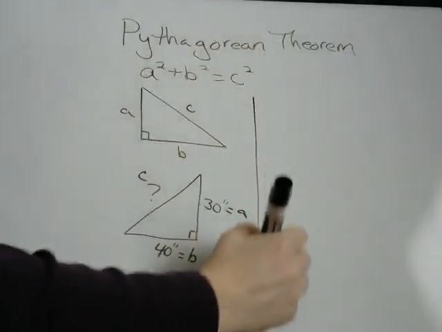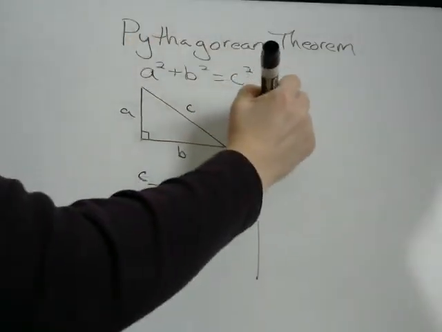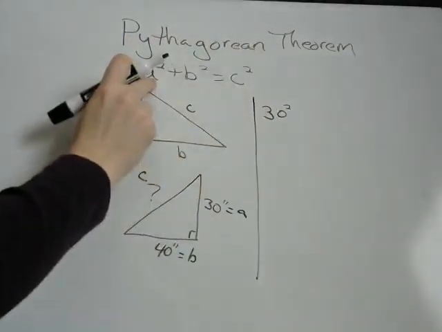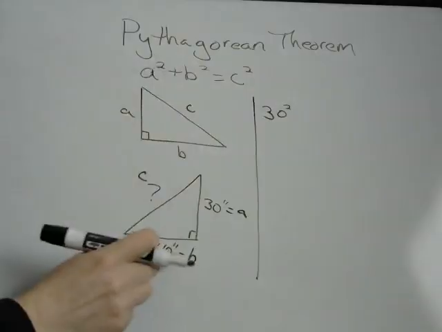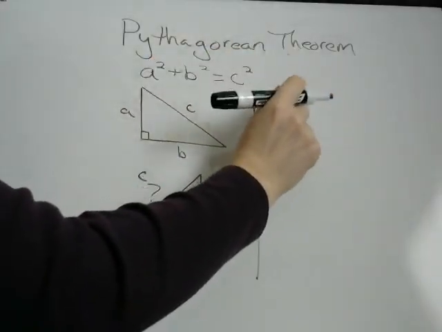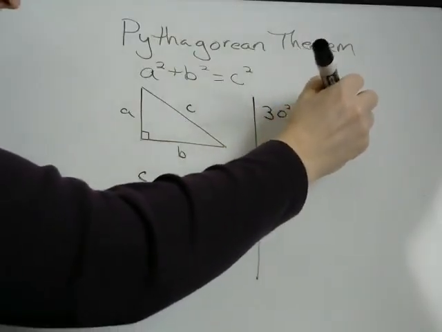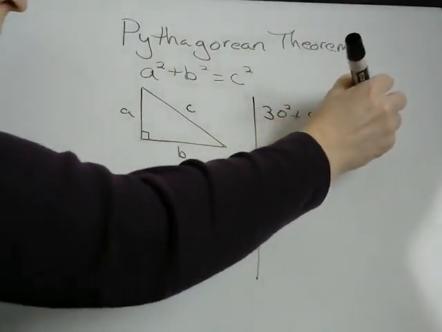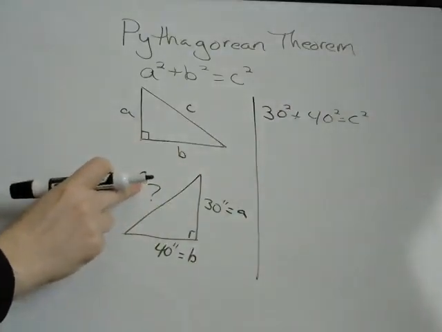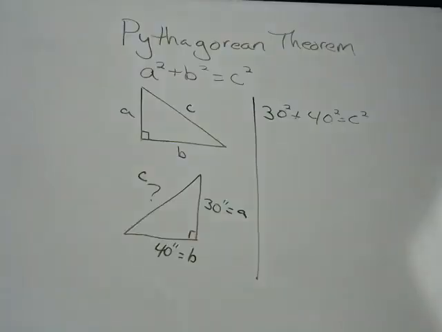So we'll come over here. A is 30, so we have 30 squared, because we're plugging 30 in for A. B is 40, so we plug 40 in for B. So plus 40 squared equals C squared. We're trying to find out what C is. So remember how to do a square.